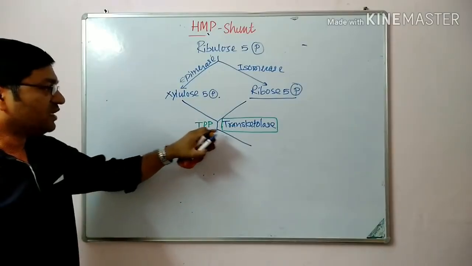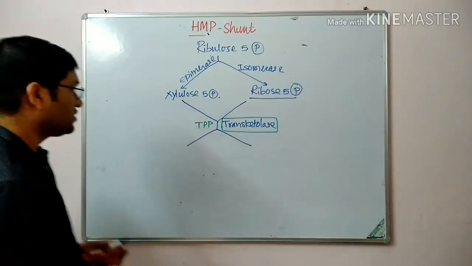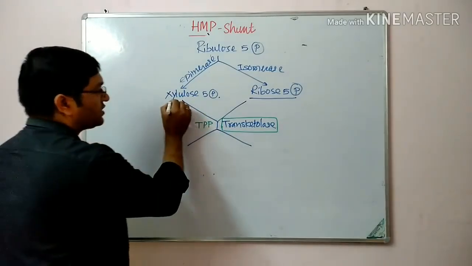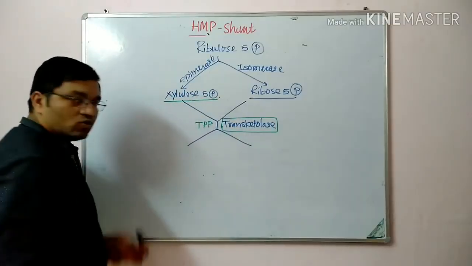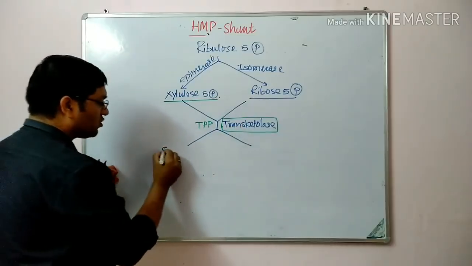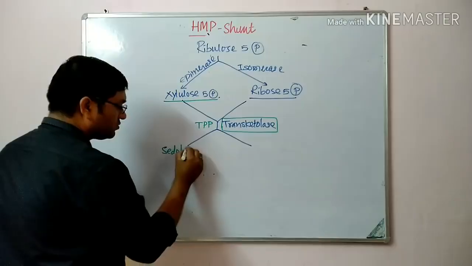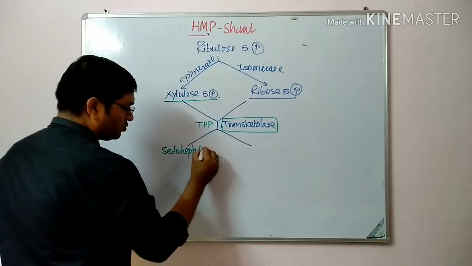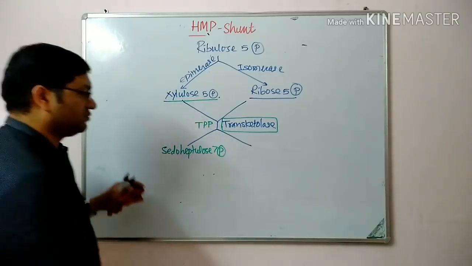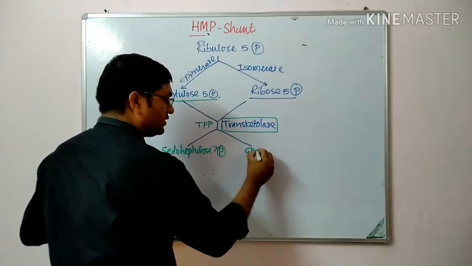So this is a TPP dependent reaction, transketolase, in which there is transfer of 2 carbon from this xylulose 5-phosphate to the ribose 5-phosphate. It leads to the generation of sedoheptulose 7-phosphate and glyceraldehyde 3-phosphate.